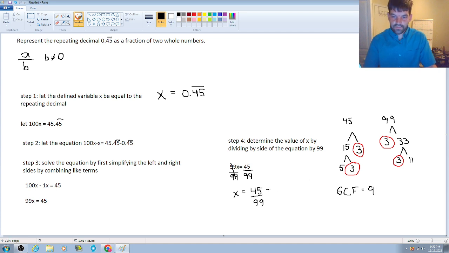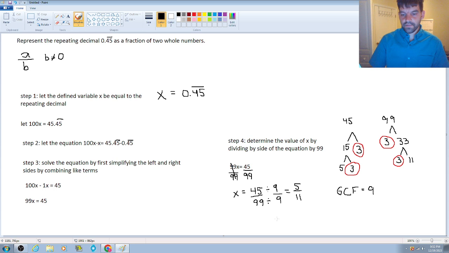So, and then I can divide top and bottom by 9. And I'm going to get that the numerator will be simplified to 5, and the denominator will be simplified to 11.